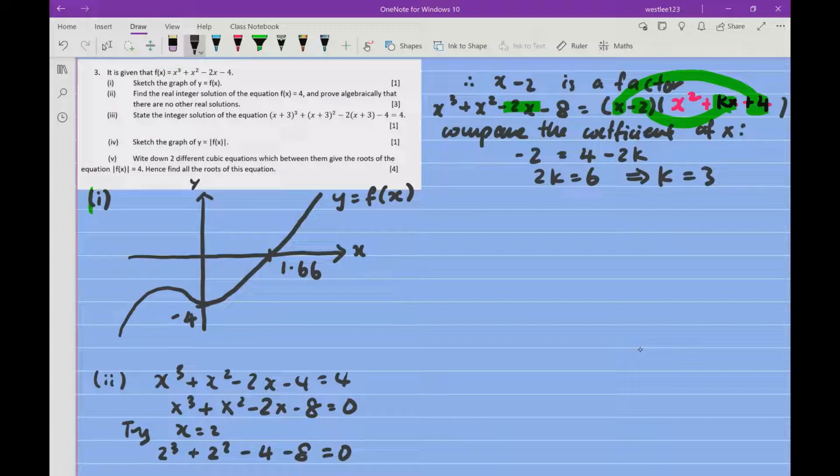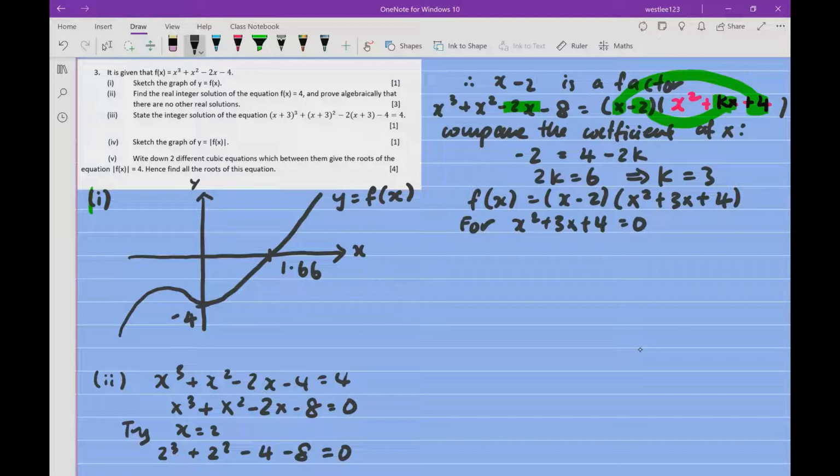Okay, so my f(x) becomes (x minus 2)(x squared plus 3x plus 4). To prove that there are no other solutions, I will find the discriminant for x squared plus 3x plus 4.